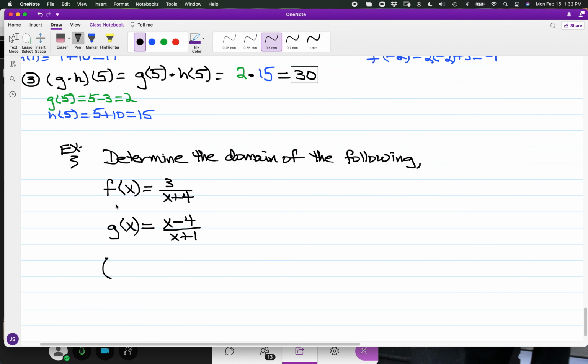And keeping the same f and g of x, I'm looking for the domain of the sum, difference, product, and quotient functions.